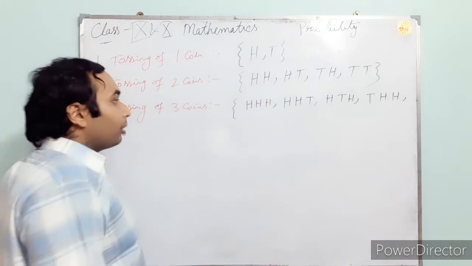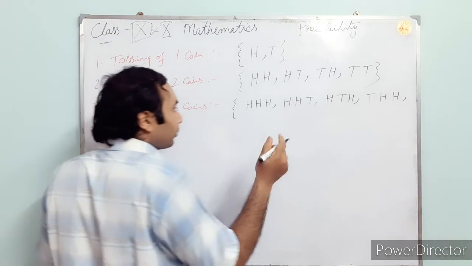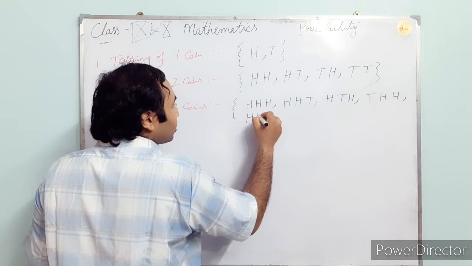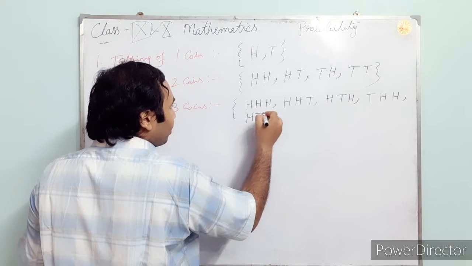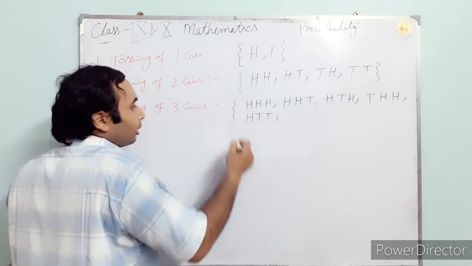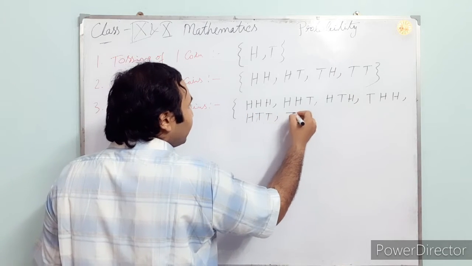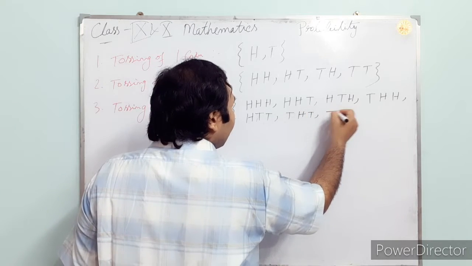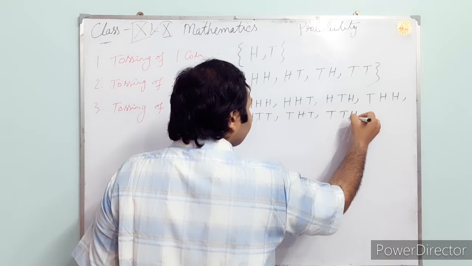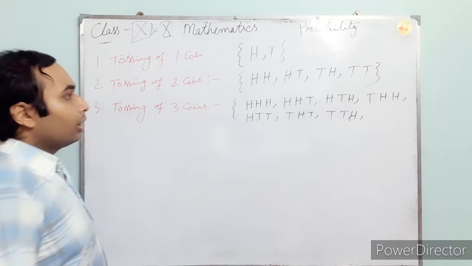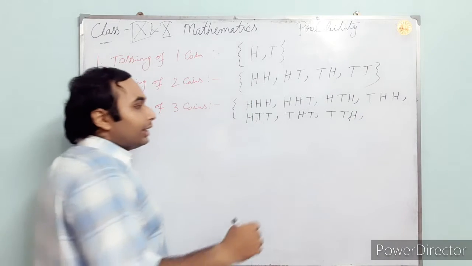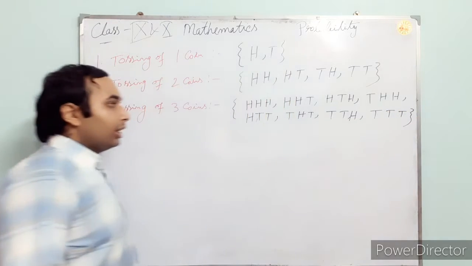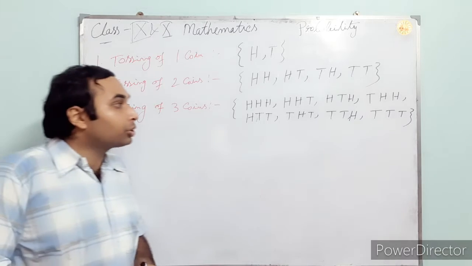Actually you have to do it alternatively, otherwise you can forget. After that take 2 times tail, then take the head in the middle, then take the head at the last. How many have you got? 8 terms will come. The last is 3 times tail. Like this you will do.